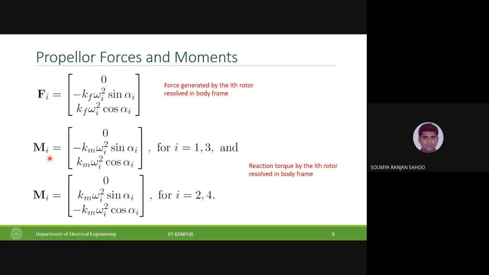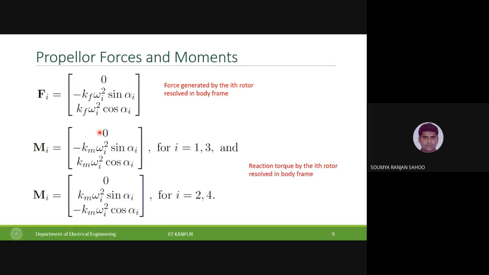When you rotate a propeller, the torque that this propeller gives to the body is going to be in the direction opposite to the rotation of the propeller, so basically it will try to counter it.